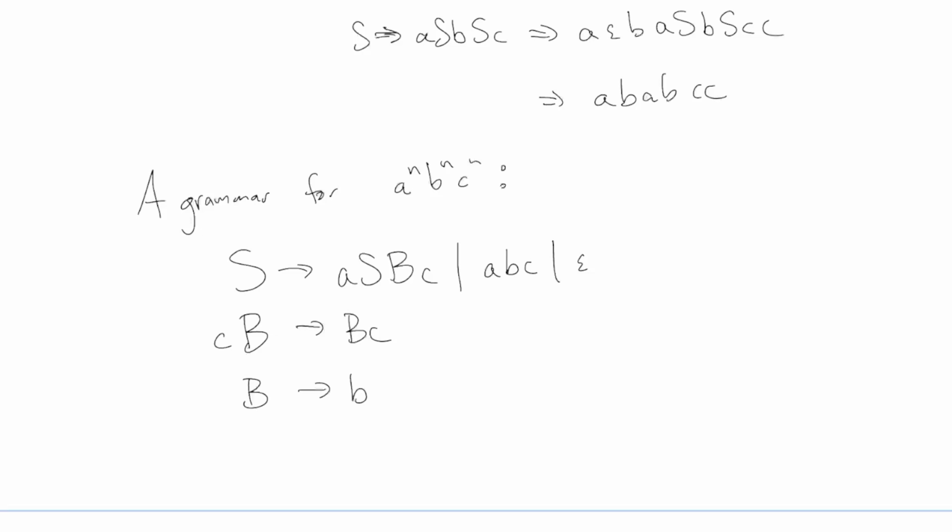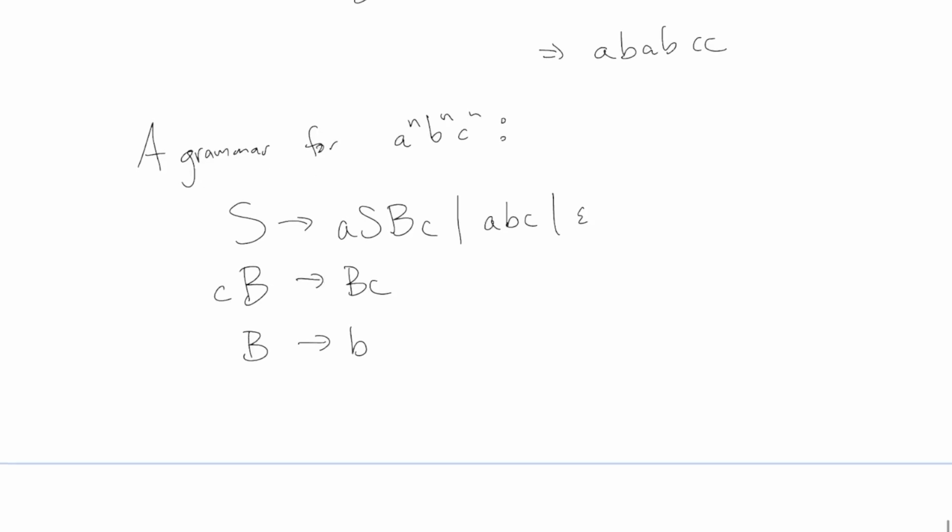All right. This is a grammar. So this allows you to derive, for instance, if I want to derive A, A, B, B, C, C, I would go S goes to A, S, B, C, and then do it again. A, A, S, B, C, B, C, right? And then I interchange the order of the B, C, right here.